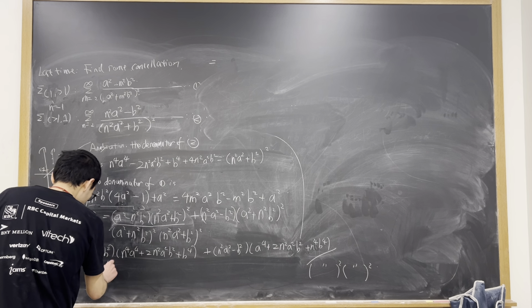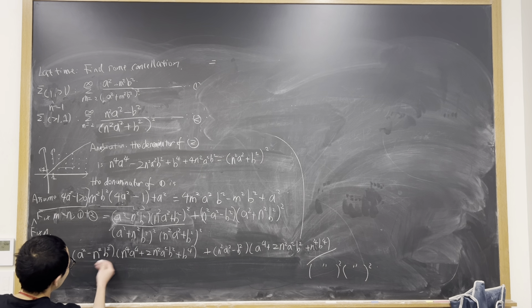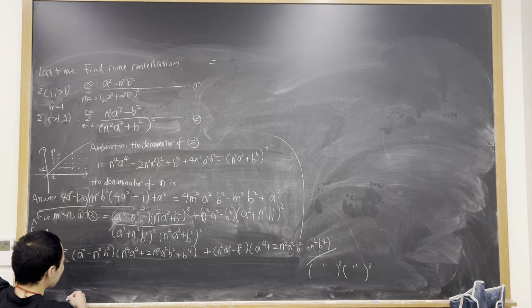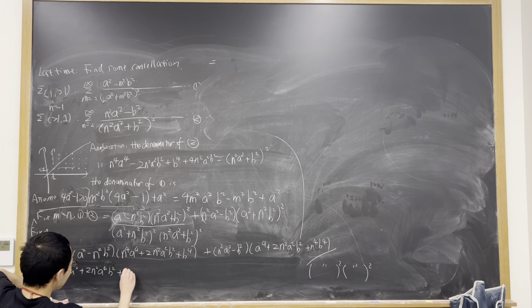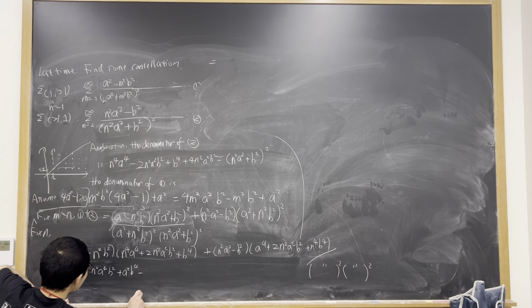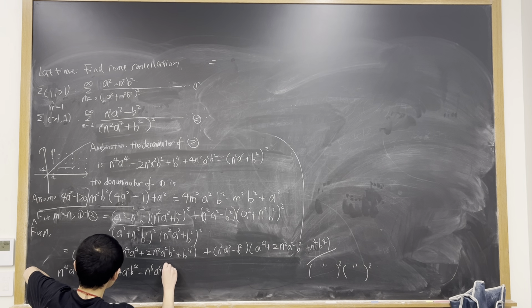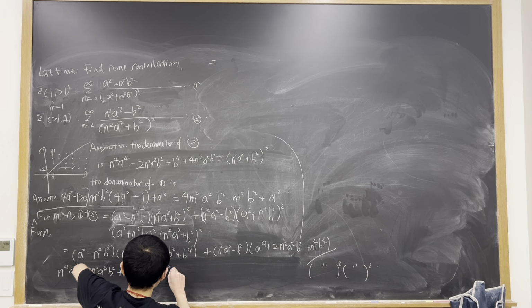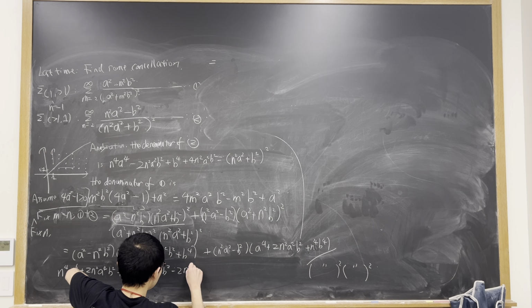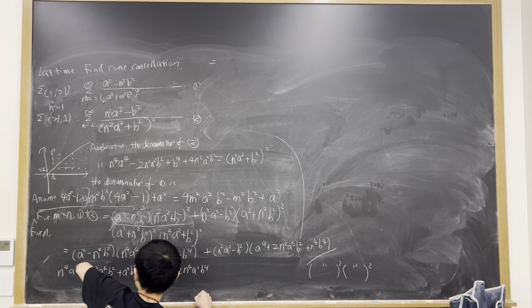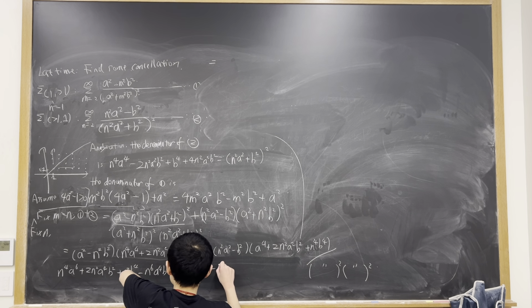And let's see, first I get n to the fourth power a to the sixth power plus 2n squared a to the fourth power b squared plus a squared b to the fourth power minus n to the sixth power a to the fourth power b squared minus 2n to the fourth power a squared b to the fourth power minus n squared b to the sixth power.